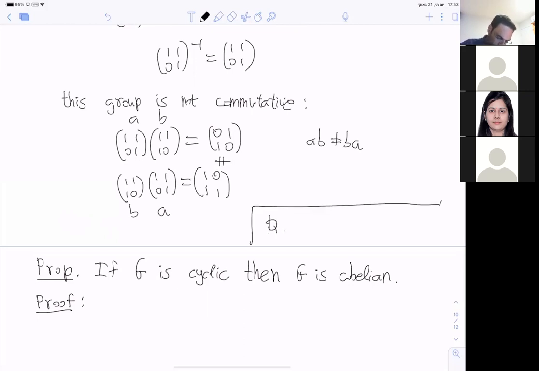Q with multiplication is abelian, but it is not even finitely generated.